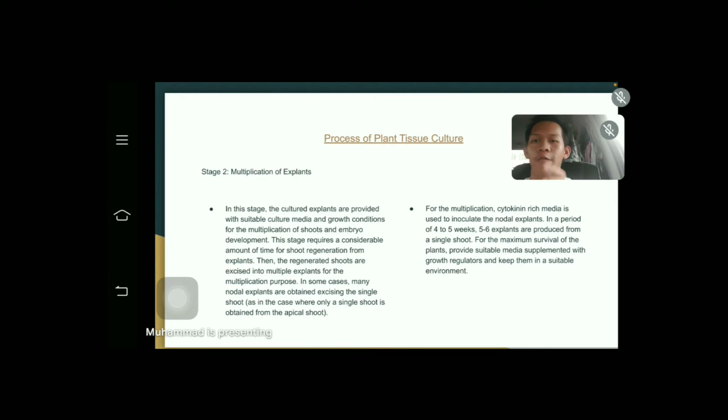In a period of 4 to 5 weeks, 5 until 6 explants are produced from a single shoot. The maximum survival of the plant requires suitable media supplemented with growth regulators and keeping them in a suitable environment.